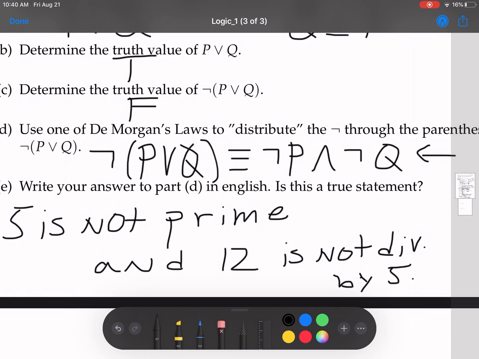And I know what you're saying right now. You're saying, hey, that's not true. It's not true that 5 is not prime and 12 is not divisible by 5. And you're absolutely correct, that's not true. And that's what we determined in part C.